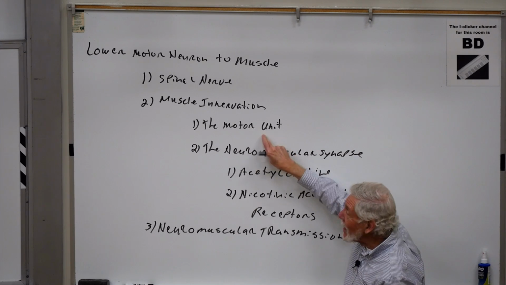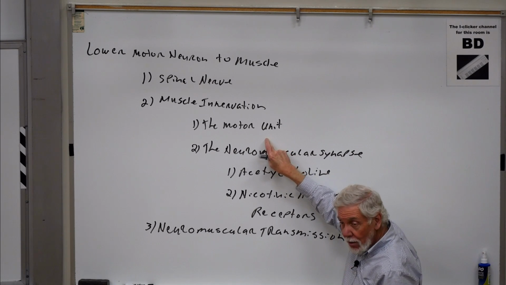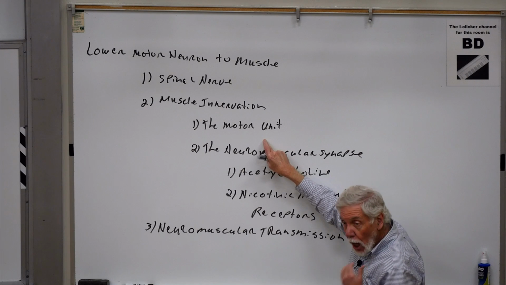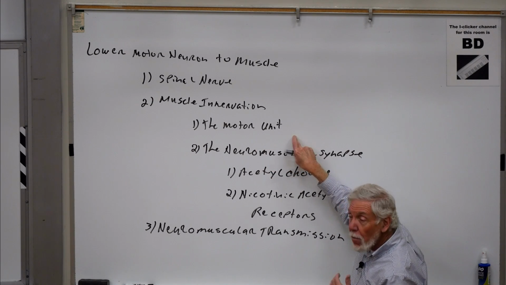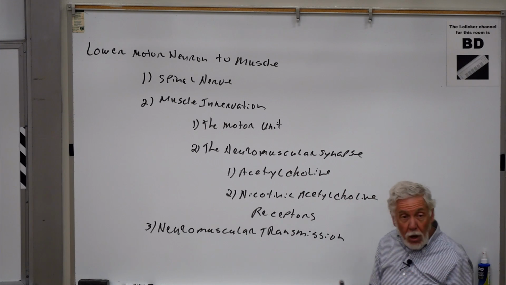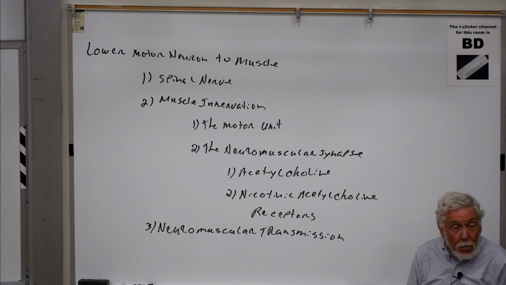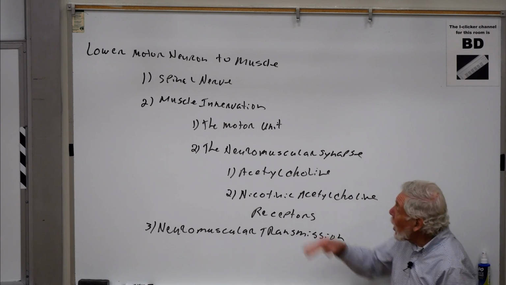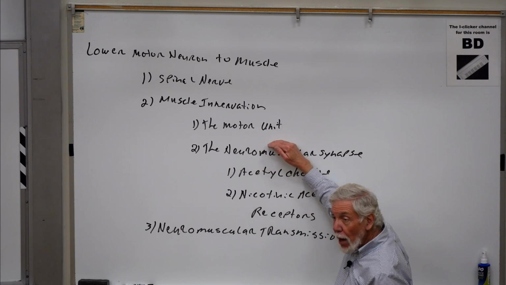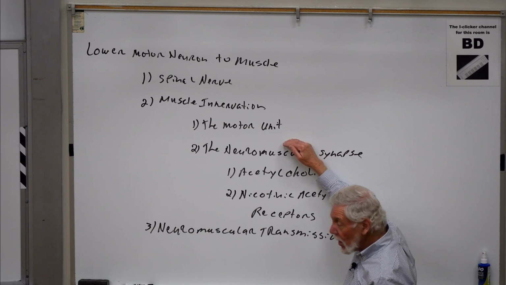The motor unit is defined as the lower motor neuron in the central nervous system, and the group of muscle fibers it innervates. Each lower motor neuron will innervate multiple muscle fibers. In some cases, maybe a few hundred. In other cases, in small motor units, maybe no more than 20 or 30. But the lower motor neuron and the muscle fibers it innervates constitutes the motor unit.